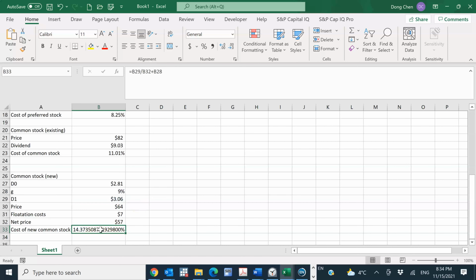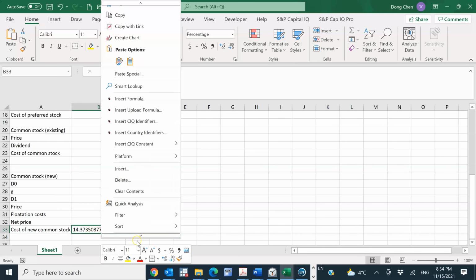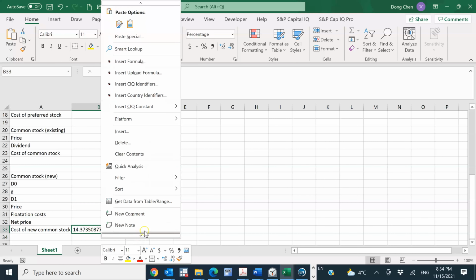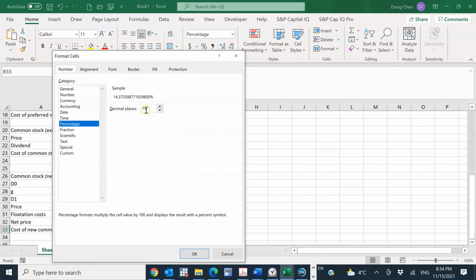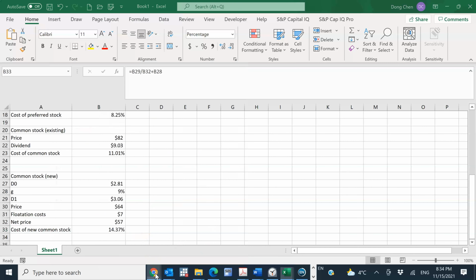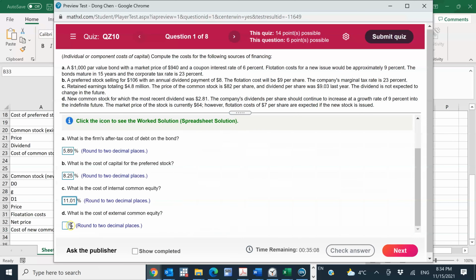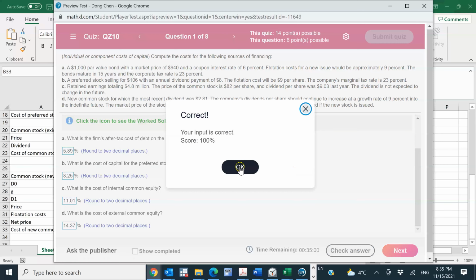So this gives me the cost of new common stock. And again, the final step is to format the cell to keep 2 decimal places. And this will finish this problem. So check my answer. The input is correct.